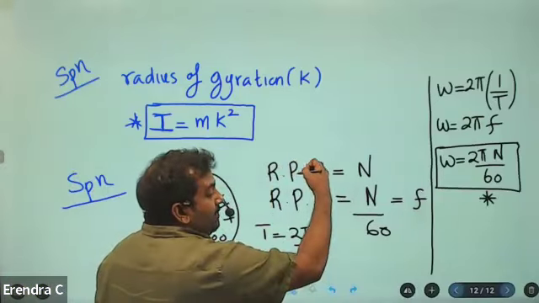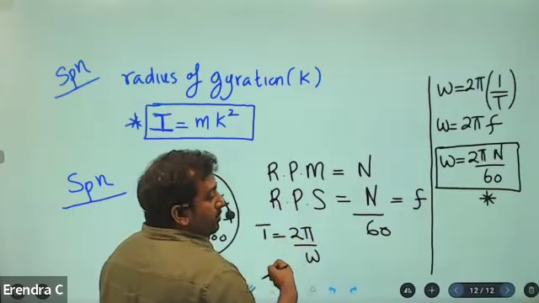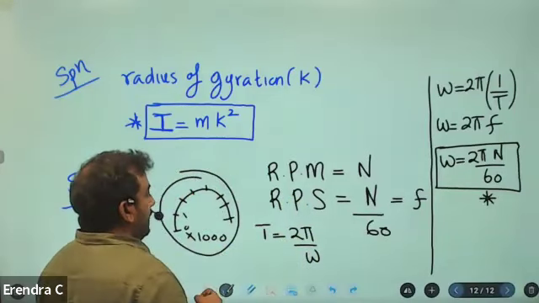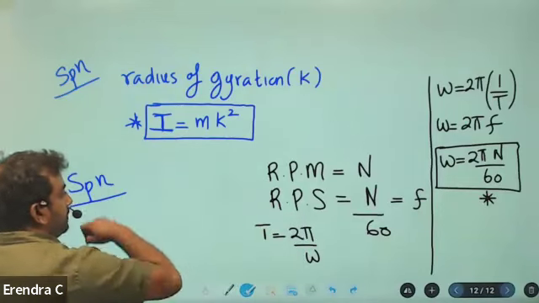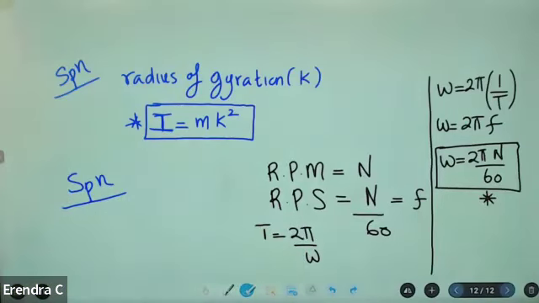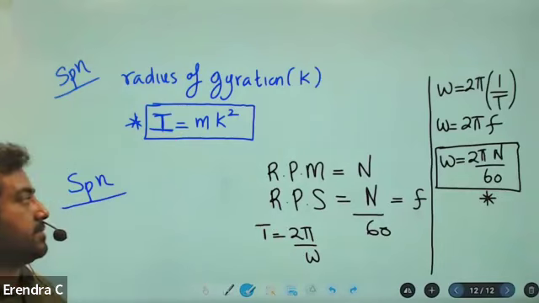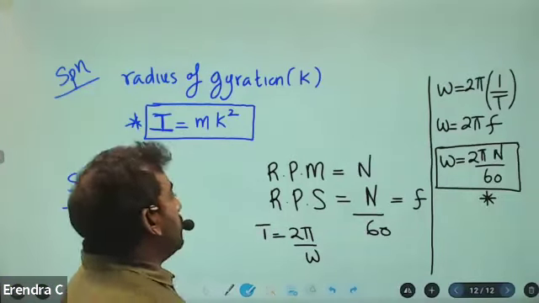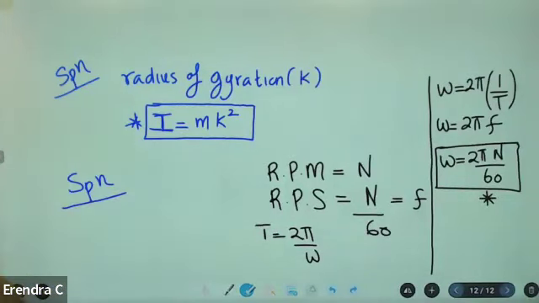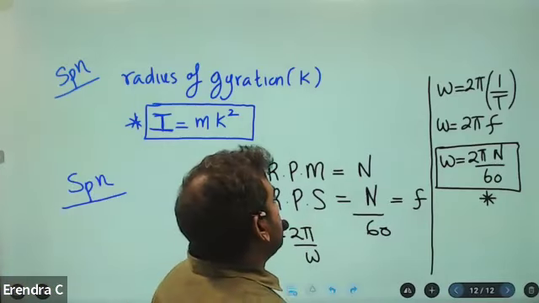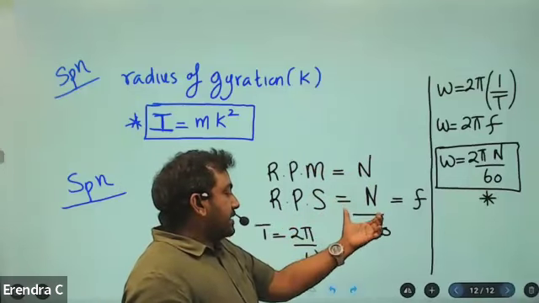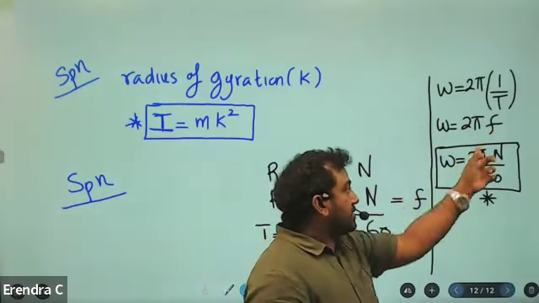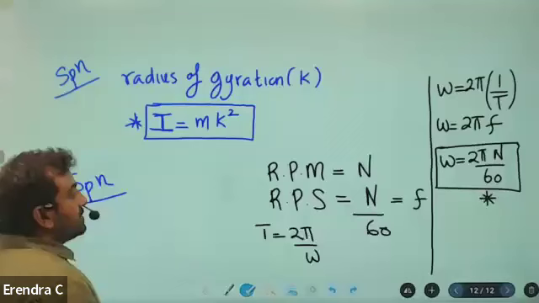We can convert this to angular velocity omega using the following steps. Do it, look at me. RPM is given, divide by 60 to get RPS. RPM directly substitute there, because RPS is frequency.